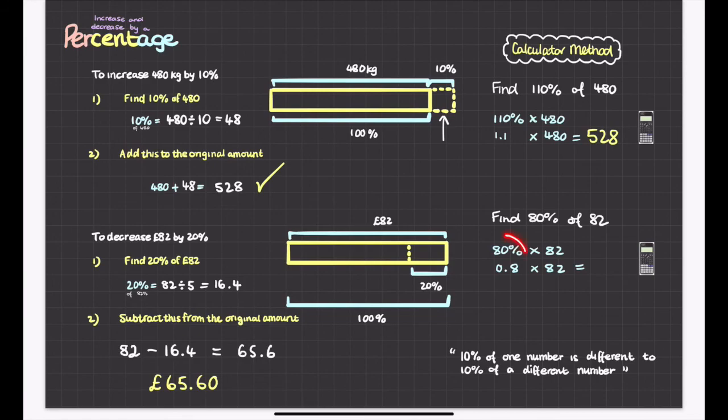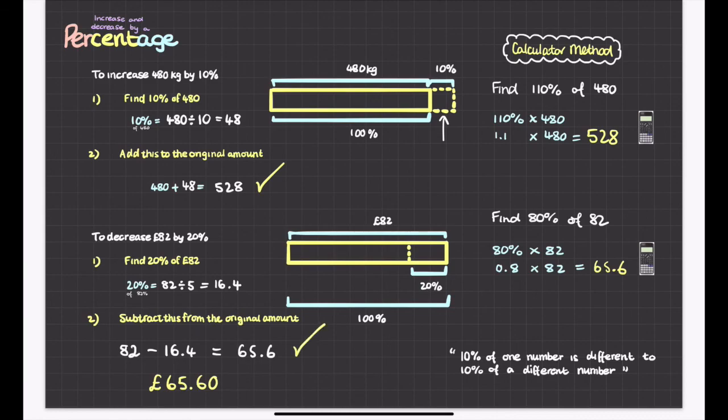And again, if you can't find the percentage button on your calculator, you could change it into a decimal. You could divide it by 100. So I'm going to do 0.8 on my calculator multiplied by 82, and that gives me an answer of 65.6, and that's the same as what I got before, so I know I've done it right.